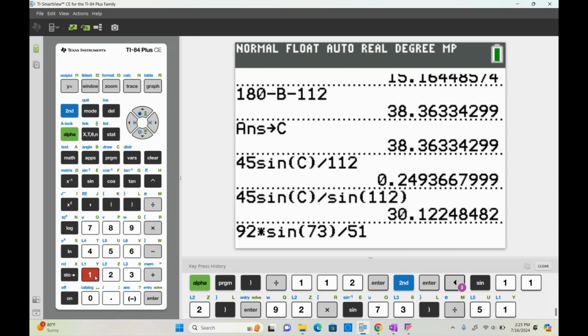And before I hit enter, I want you to think about this. What's the biggest value that sine could have? And well, the biggest it could be is 1. And the smallest it could be is -1. Sine only gives you numbers in between -1 and 1.